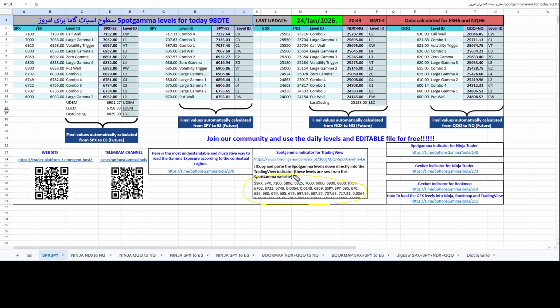Remember that I loaded a video about how to use this spreadsheet in NinjaTrader, in TradingView, and how to load in Bookmap. Okay, this is an introduction about how to use the spot gamma levels in all the platforms.